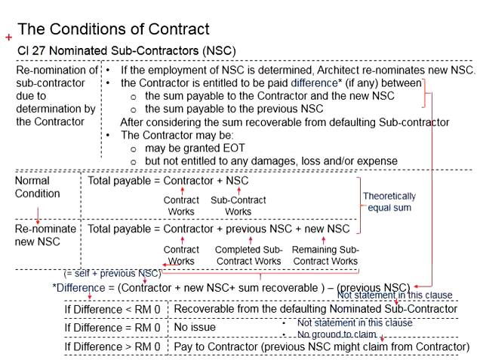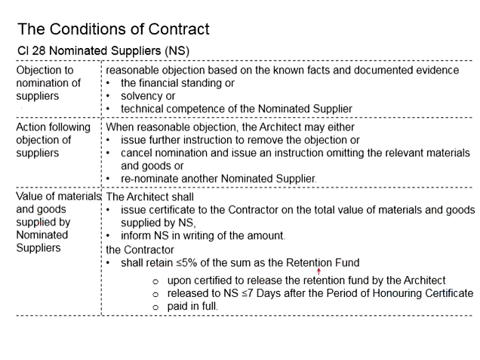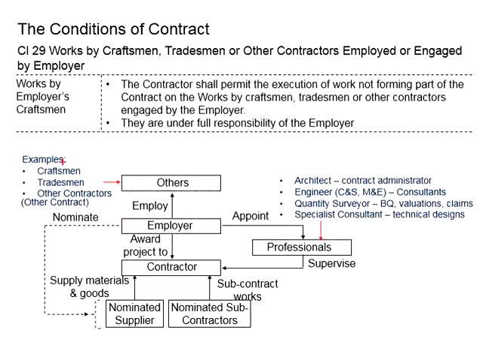And then under clause 27, regarding the nominated subcontractor, the employment of the nominated subcontractor can also be determined. Under clause 28 about the nominated supplier, the nominations of the nominated supplier can be objected to by the contractor. These are among the methods that can remove a personnel from the relationship within a project.